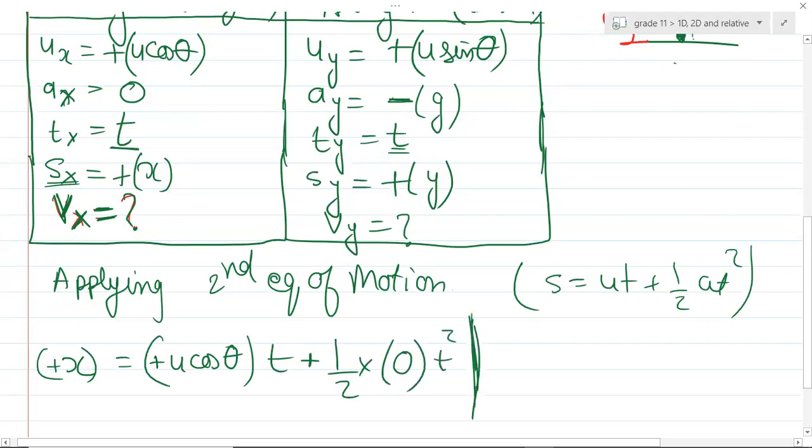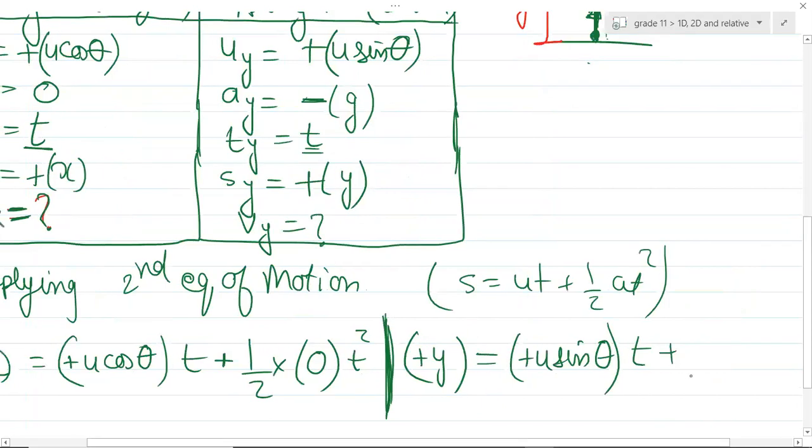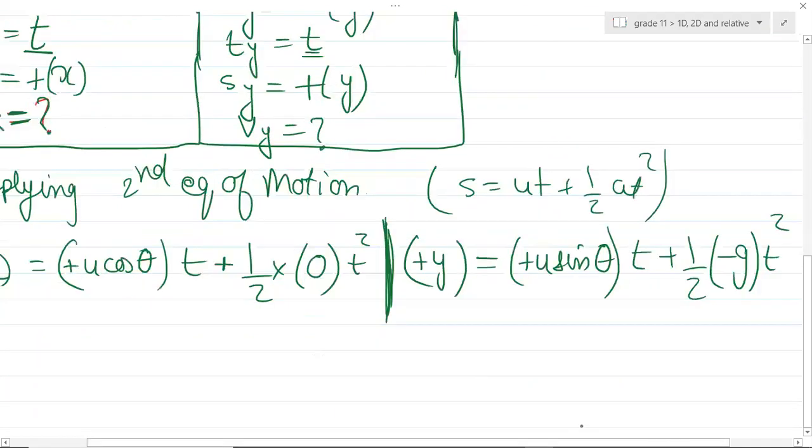This is along x. Any doubt? Similarly, along y can be written as plus y is equal to plus u sine theta into t plus half into minus g into t square. Can I write this?